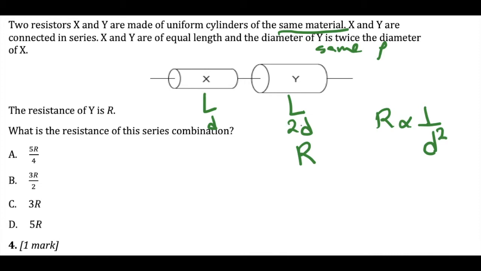Since the diameter of Y is twice, its resistance is going to be 4 times smaller than X, which means if Y has resistance R, X has resistance 4R. See, its diameter is half, so resistance will be 4 times bigger. Well, since they're in series, the total resistance will be the sum, so our answer will be 5R.